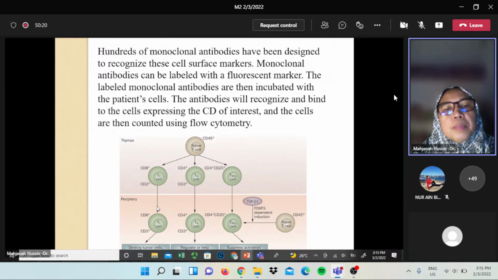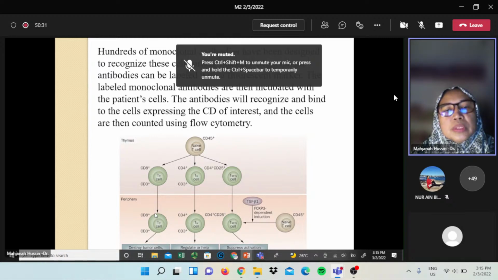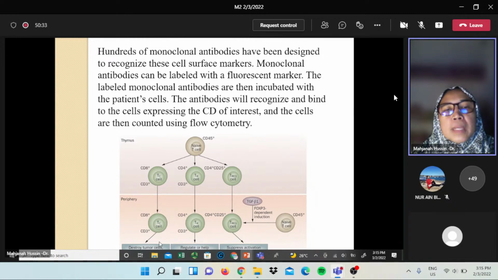When it goes to the periphery, it will become a T cytotoxic cell, destined to target tumor cells. Remember, because of the name cytotoxic, it will be toxic to the infected cell. So it destroys tumor cells.